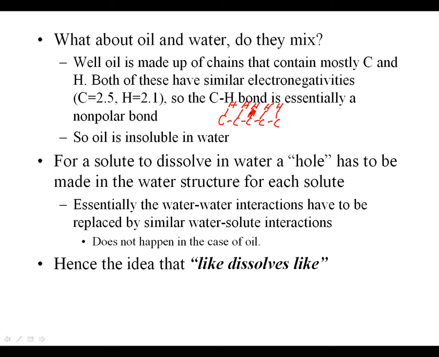It's sort of neutral. The other bond that we see in oil is the carbon-carbon bond, which also would have an electronegativity difference of 0, which means that's a pure covalent bond. So when we get something like oil, we have nothing but nonpolar bonds.